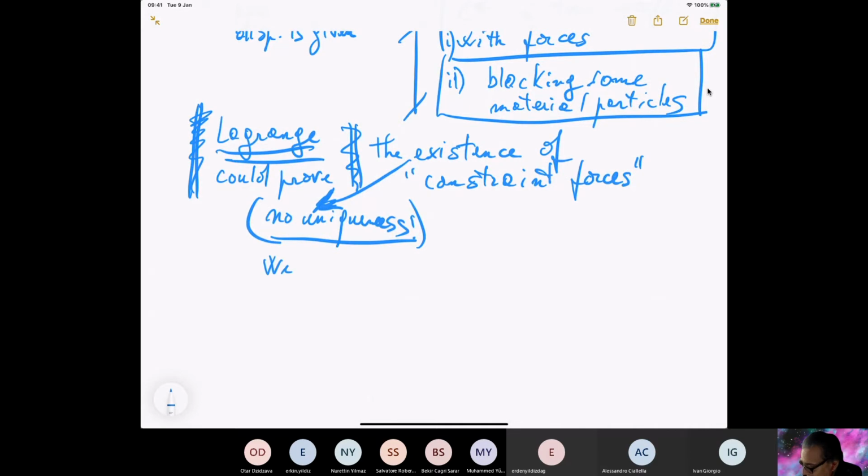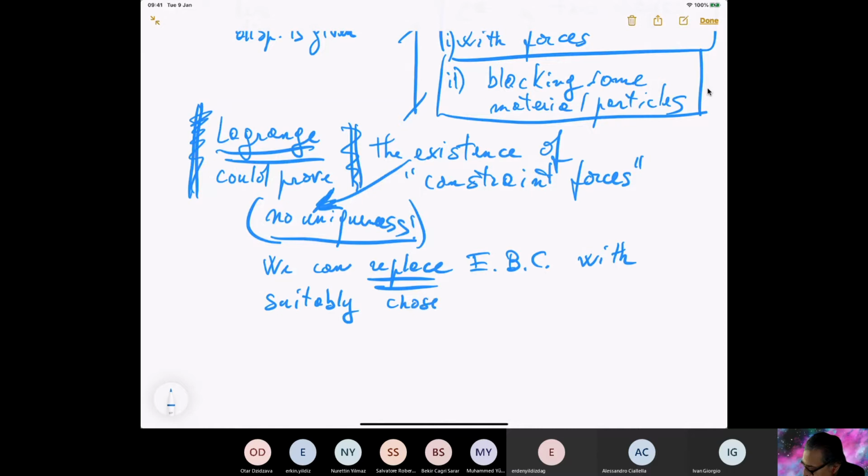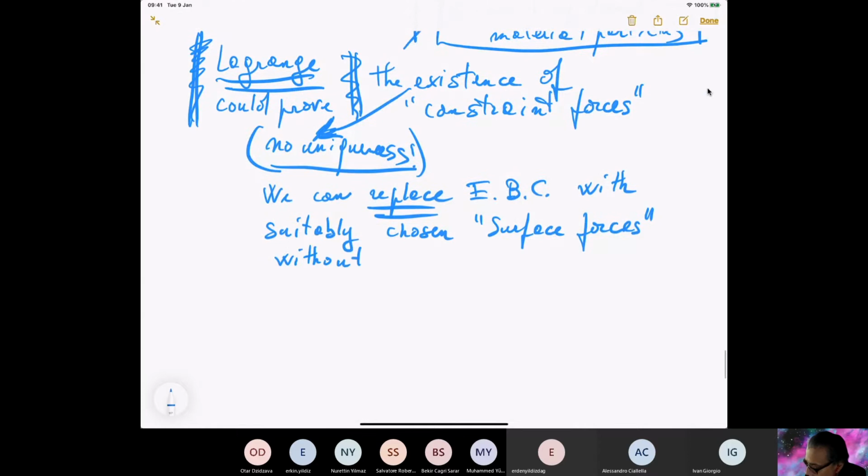We can replace essential boundary conditions with suitably chosen surface forces without changing the equilibrium configuration.